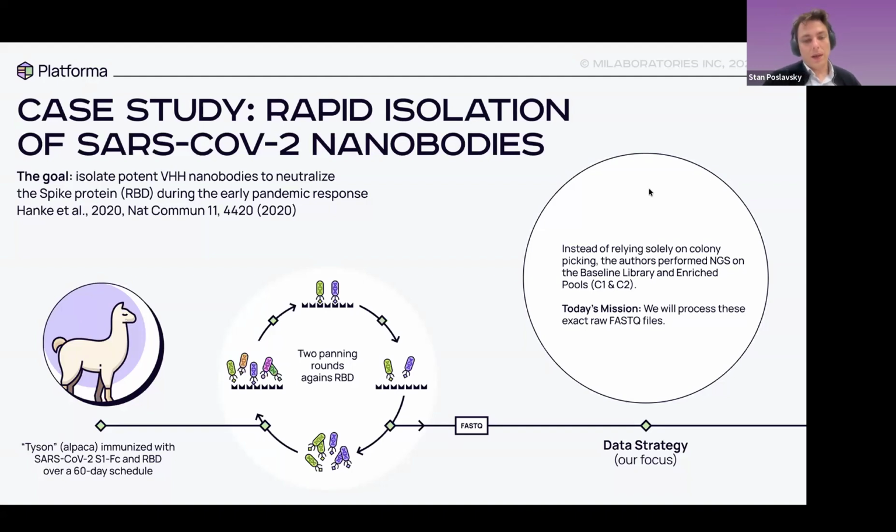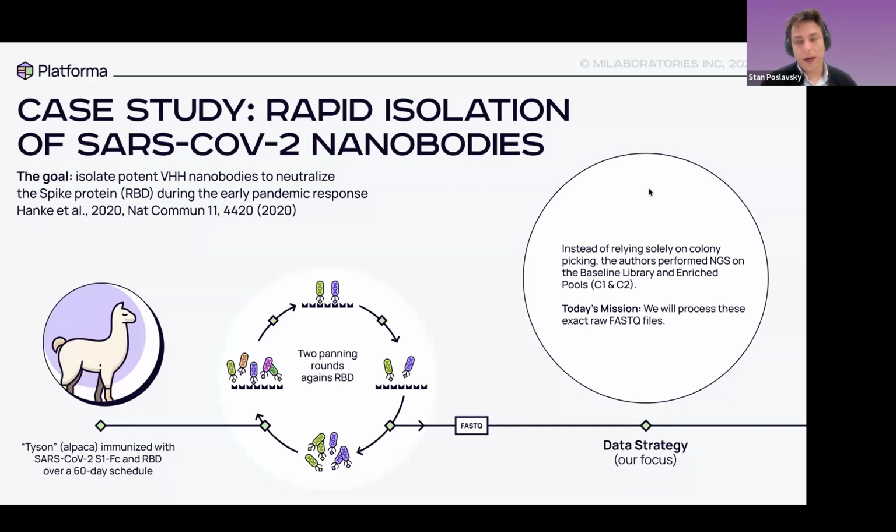Then the PBMCs were isolated, and 2 panning rounds of the screening library were performed with phage display. Apart from just picking the top binders with Sanger sequencing and assays, the scientists behind this publication also collected NGS data.